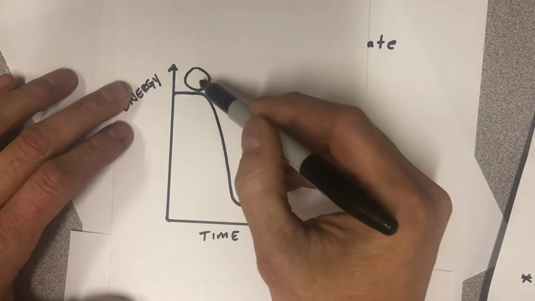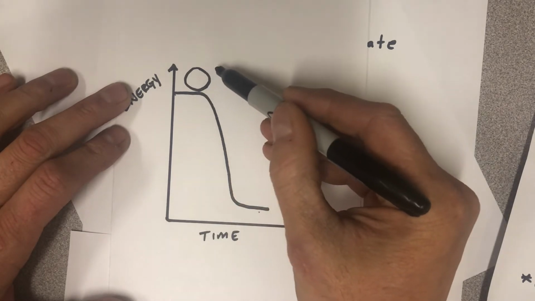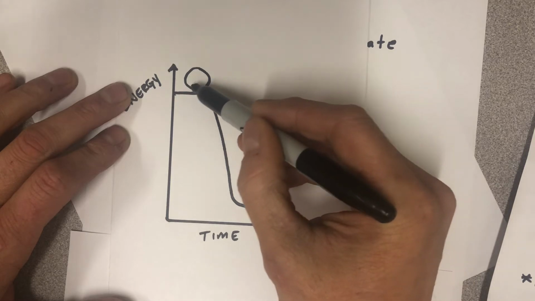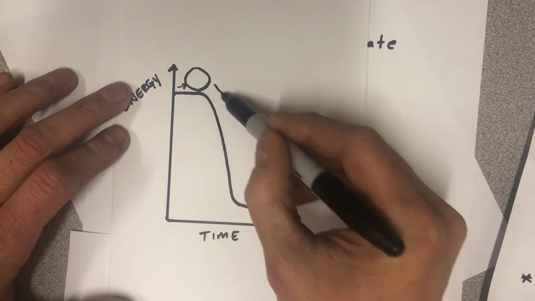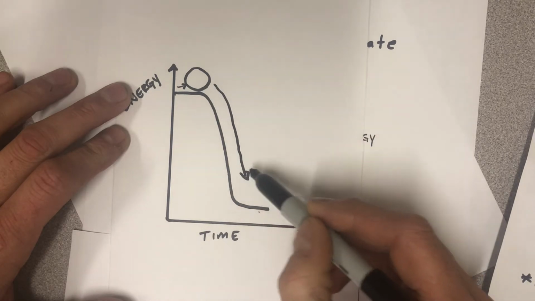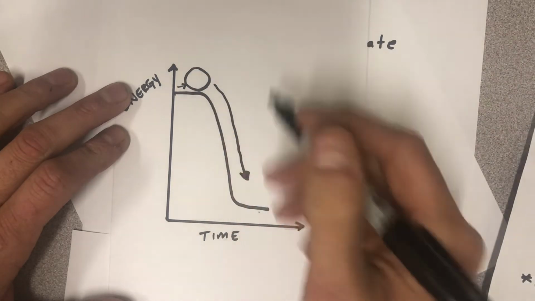And so think of this ball having relatively high potential energy up here at the top of the hill, and then with just the slightest little breeze here, this ball will start to roll down the hill. That's kind of reflecting the reaction taking place and the energy being lost.